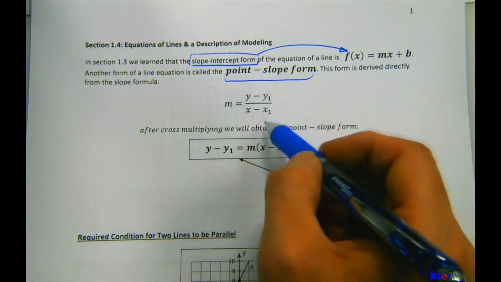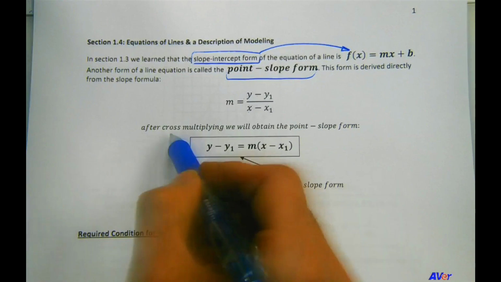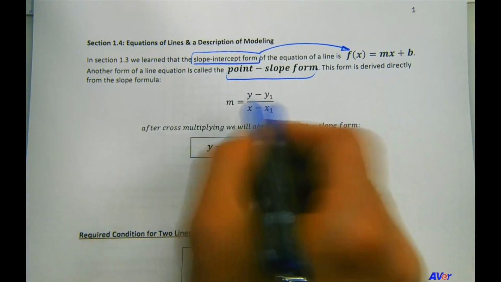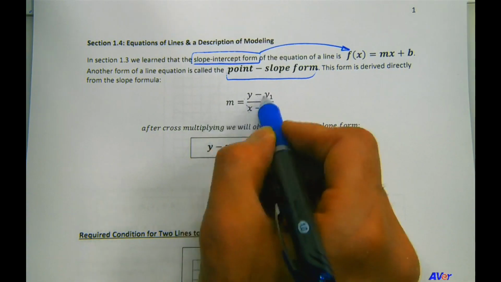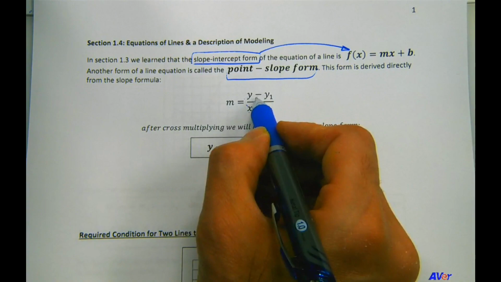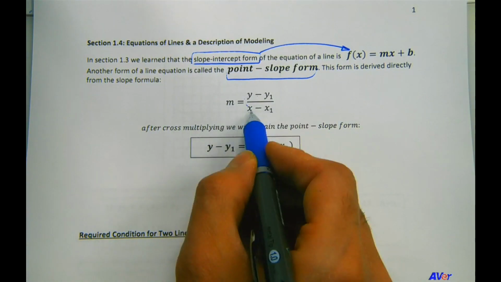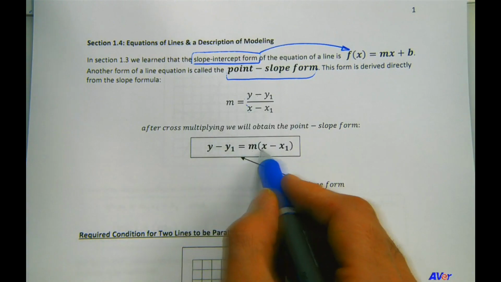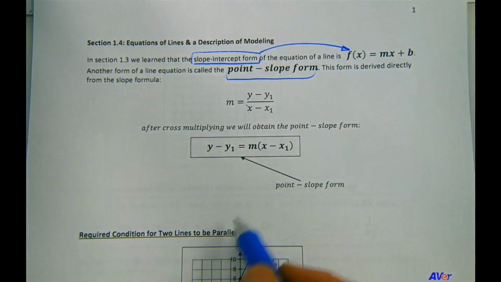But then if you cross multiply, as I've explained here, after cross multiplying, because the denominator of m here is 1, 1 times y minus y1 is y minus y1, and then m times x minus x1 is m times x minus x1. So this whole point-slope form comes directly from the slope formula.